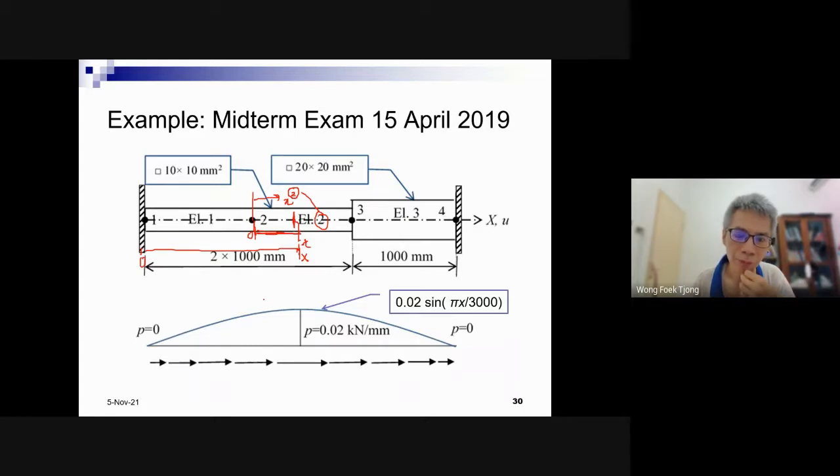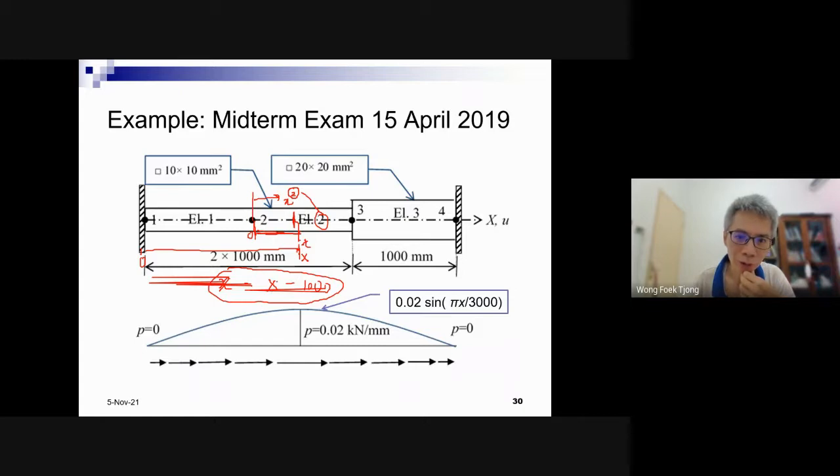Can you see? Small x is capital X, this length, minus 1000. Don't forget to use this one.